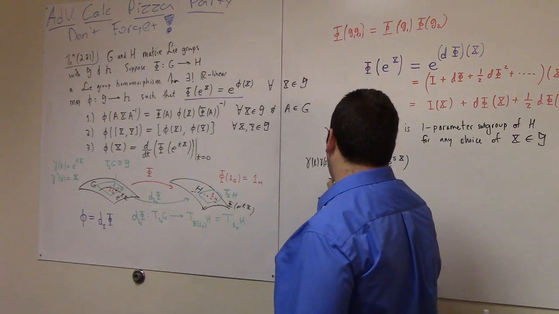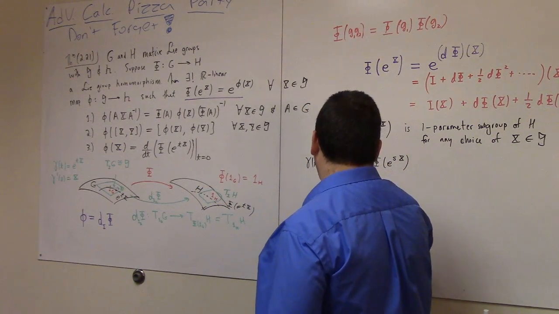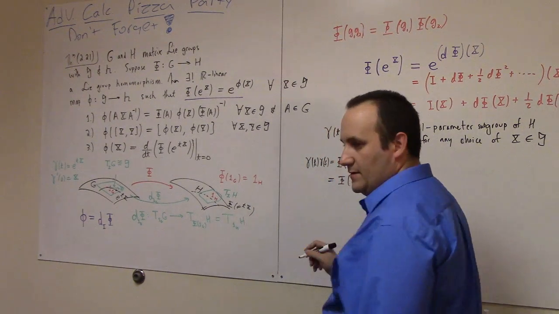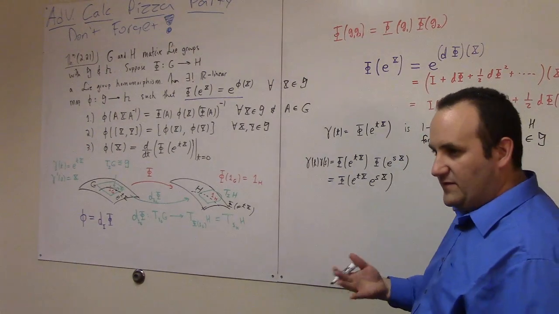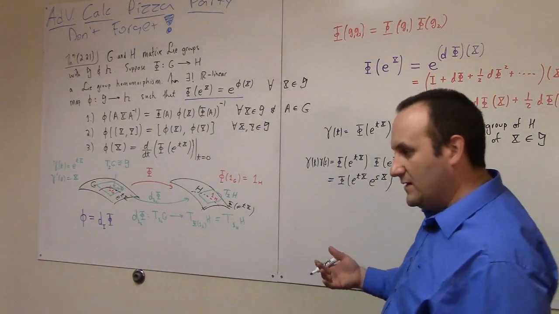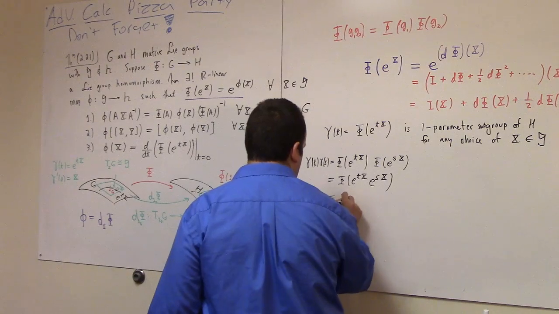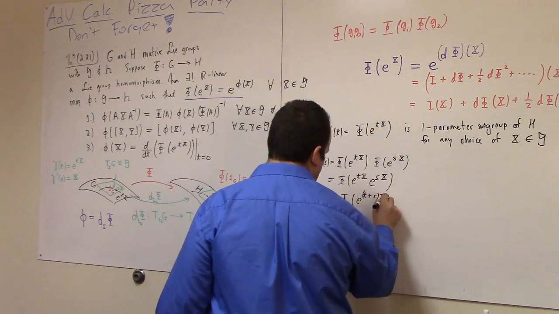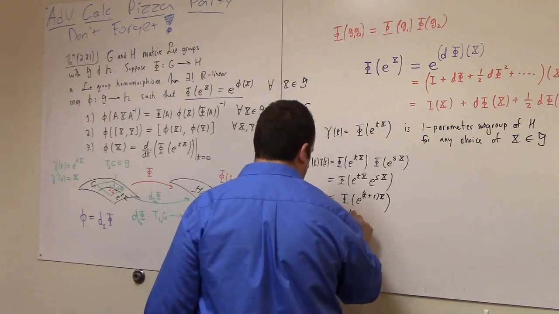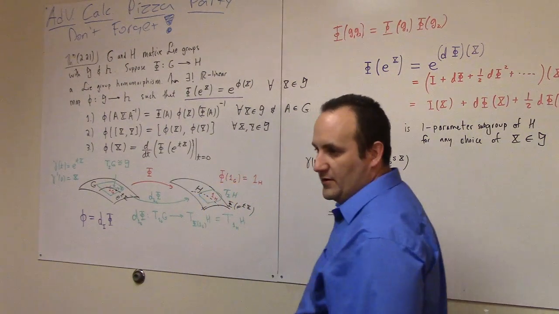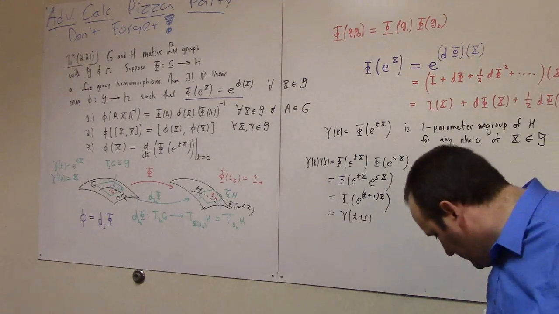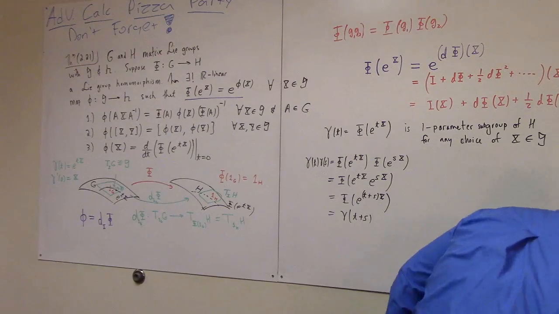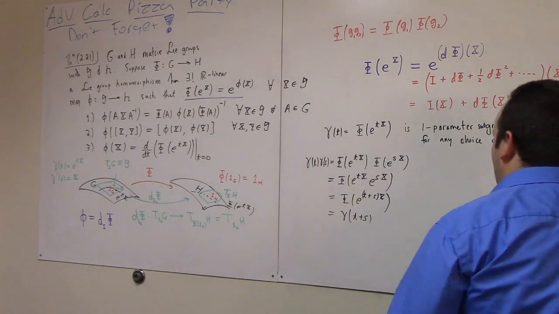But then by the group homomorphism property, that's the same as applying it to the product. And because the exponential also gives you a one parameter group in G, this is, by the way, gamma of t plus s. So that's part of what we need for it to be a one parameter subgroup, all right?